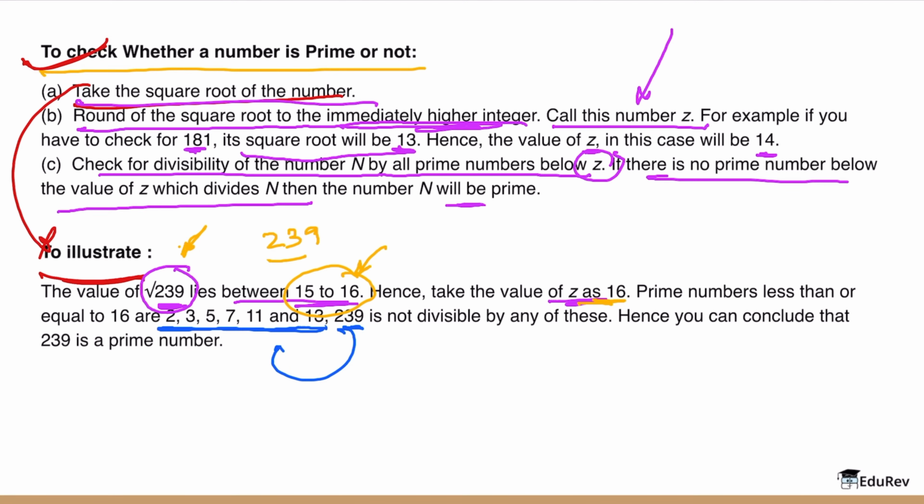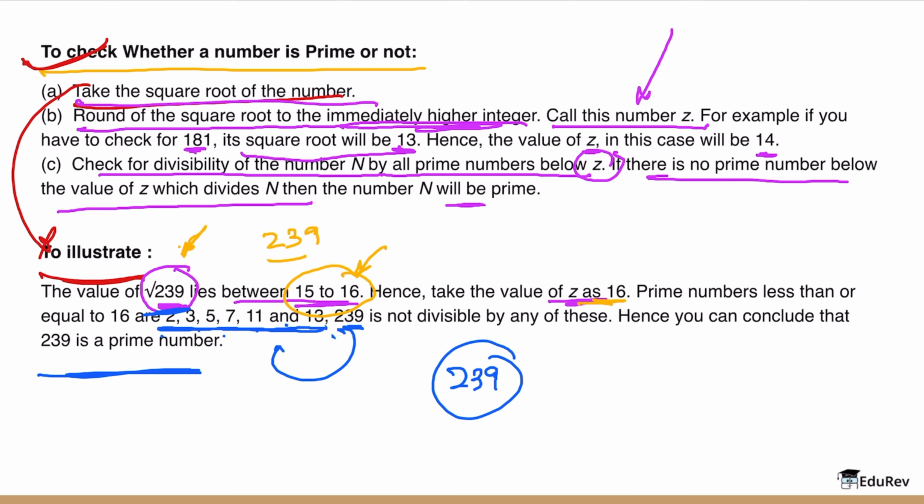When I divide 239 by 2, 3, 5, 7, 11 and 13, I found that it's divisible by none of them. That means this is a prime number. Hence we conclude that 239, the number which I took initially, is a prime number.